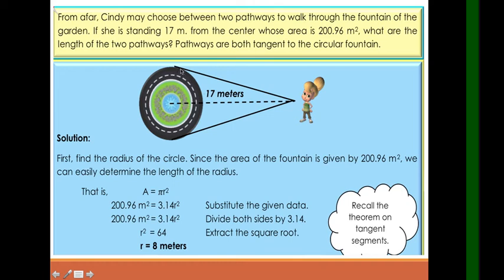Hinahanap natin yung pathways na ito at saka ito. Pathways are both tangent. Tama. So, pathways are both tangents to the circular fountain.